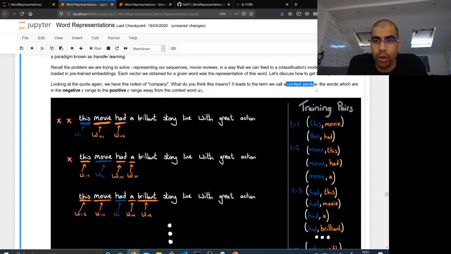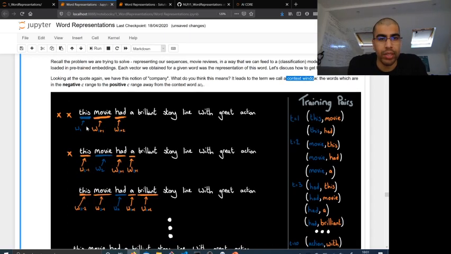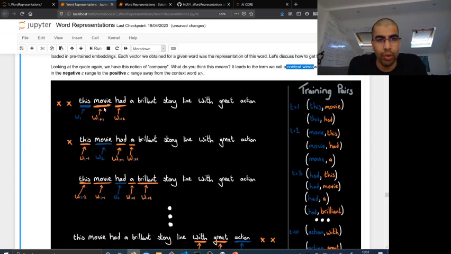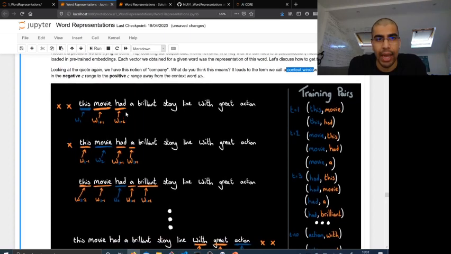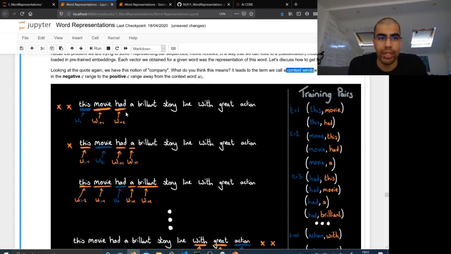When the window size is 2, the context window is the two words which precede it and the two words which follow it. For the word this, we don't have anything before, so we have movie and had as the context, and this creates our training pairs.